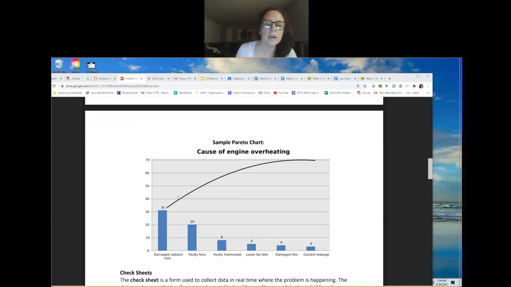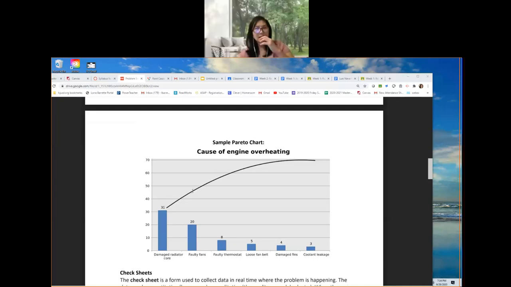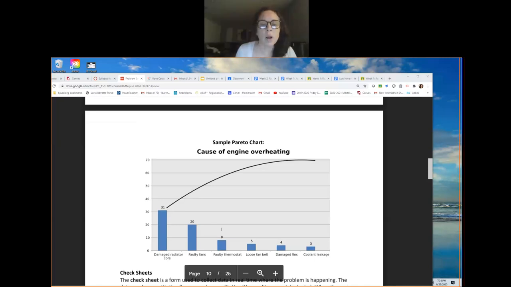But here we add on 20. Here, 20 more engines failed because of faulty fans. So now we have 51 engines that have overheated. And now 8 more are overheating because of a faulty thermostat.